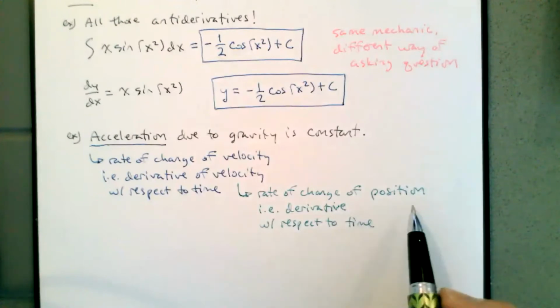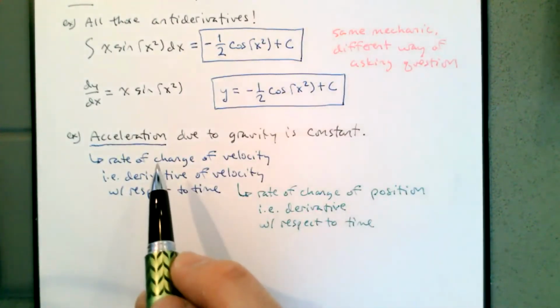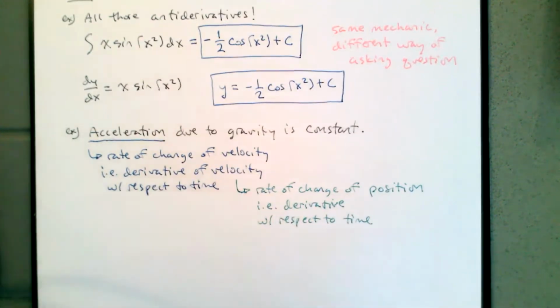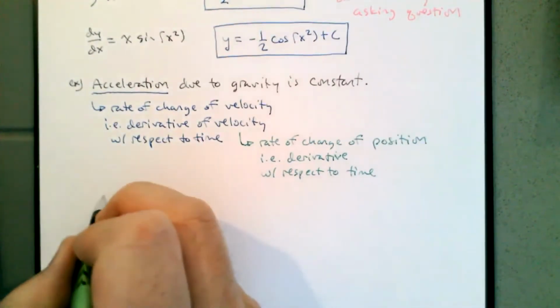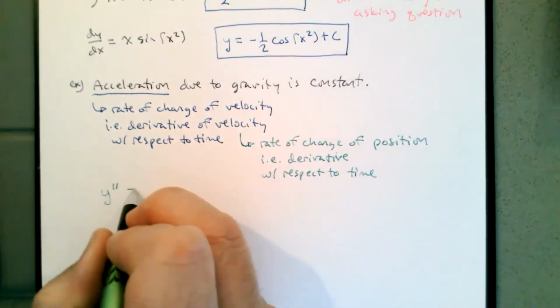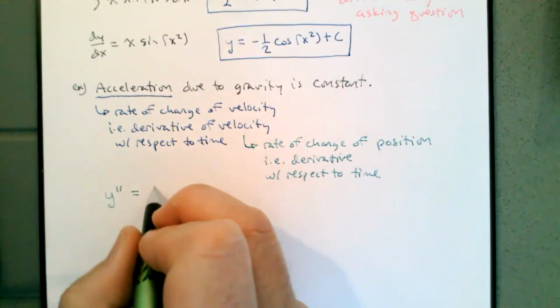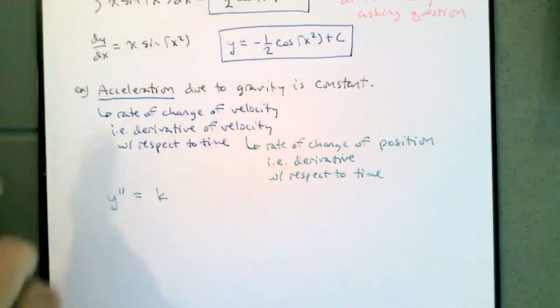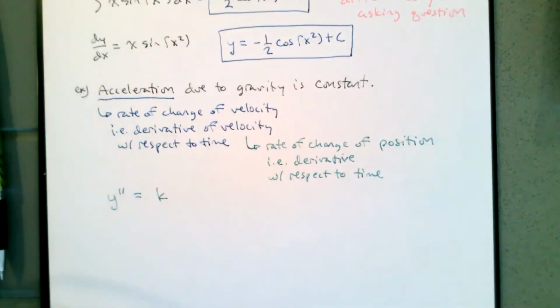So if I call position my function, then the acceleration is just the second derivative. So we're saying the second derivative is constant. So when we say acceleration due to gravity is constant, we're saying the second derivative is constant.